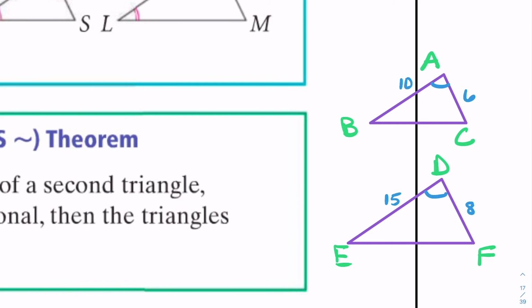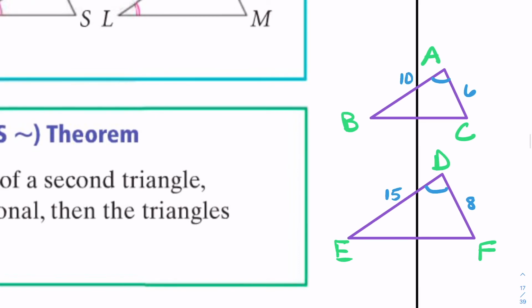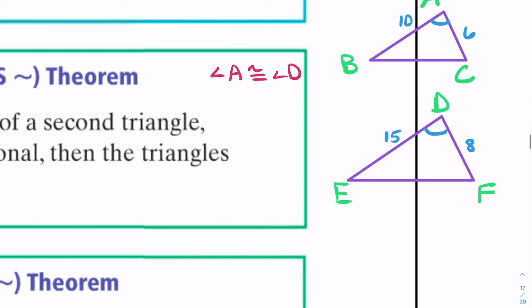All right, so the first thing I state is that angle A is congruent to angle D, and then I take 6 over 8 and I see if it's equal to 10 over 15. Oh, I messed this up.